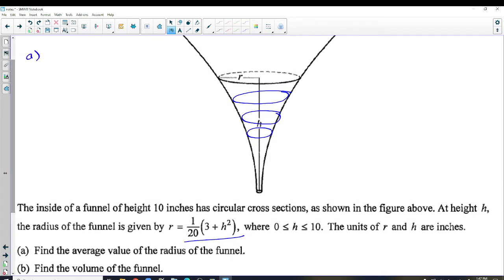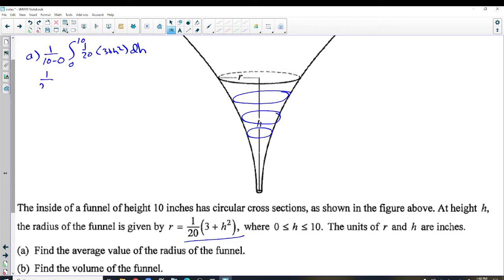So letter A, we have 1 over 10 minus 0, because we're going from 0 to 10, times the integral from 0 to 10 of 1/20th times (3 plus h squared) dh. So we're trying to find the average value of the radius from 0 to 10. Well, you do the integral part.